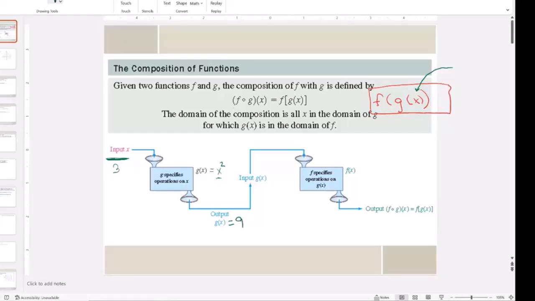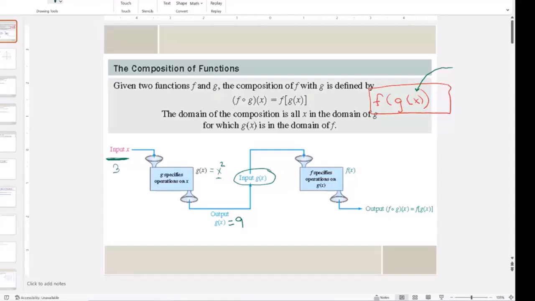Now, this is the difference. Composition of functions says I put that 9 into another machine. So now I'm inputting g of x, which in our example is 9, and it goes through this f of x function.